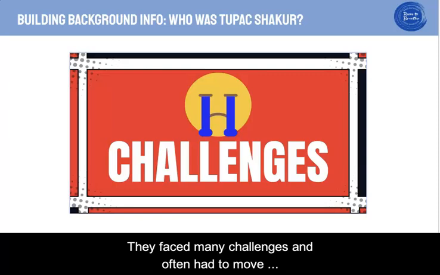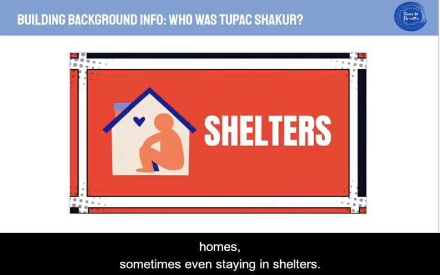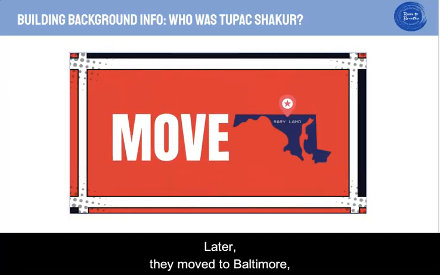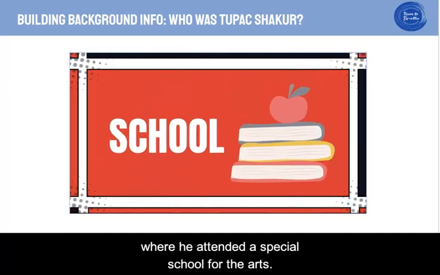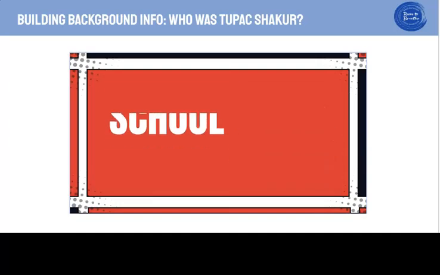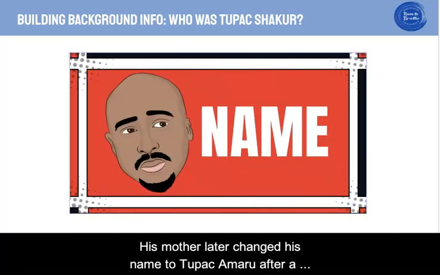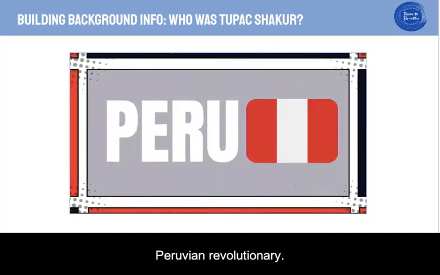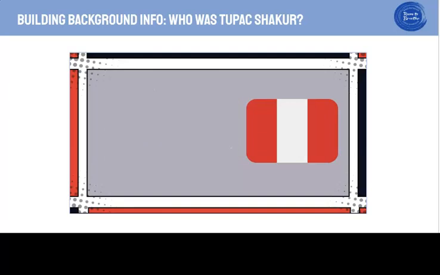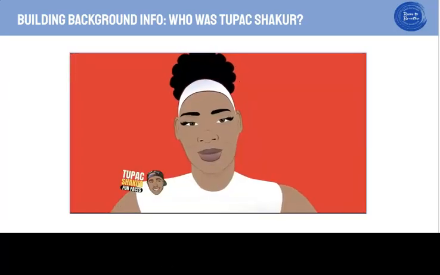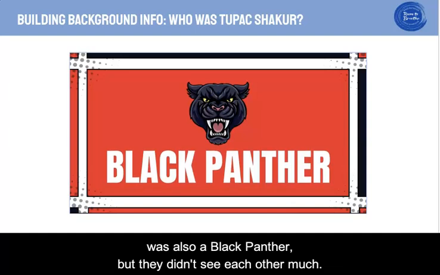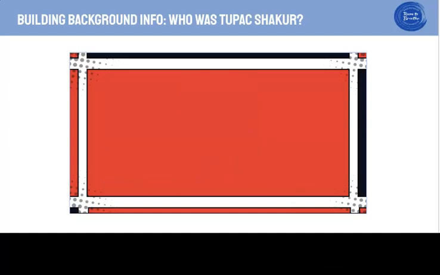They faced many challenges and often had to move homes, sometimes even staying in shelters. Later, they moved to Baltimore, where he attended a special school for the arts. His mother later changed his name to Tupac Amaru after a Peruvian revolutionary. His dad, Billy Garland, was also a Black Panther, but they didn't see each other much.